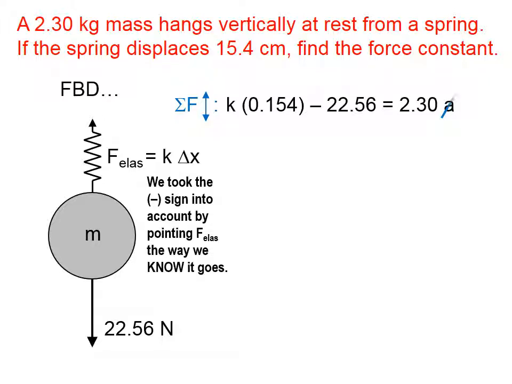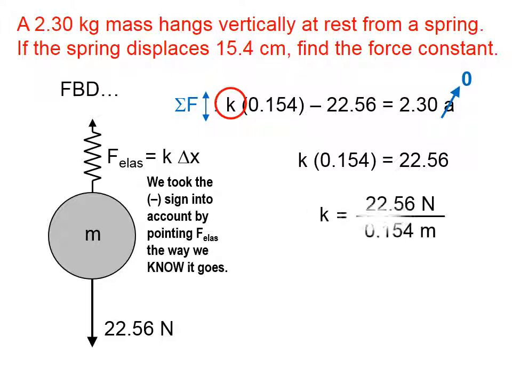This object is at rest, so it has no acceleration, and we want to calculate the force constant, also called the spring constant. It's simply a matter of adding 22.56 to both sides, dividing both sides by 0.154 meters, and calculating the force constant, or the spring constant, as being 146 newtons per meter.